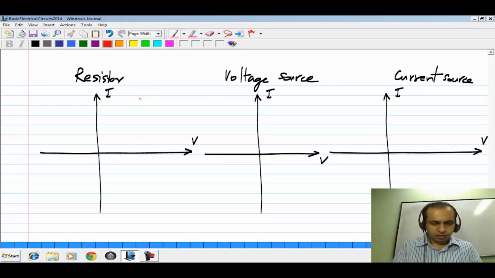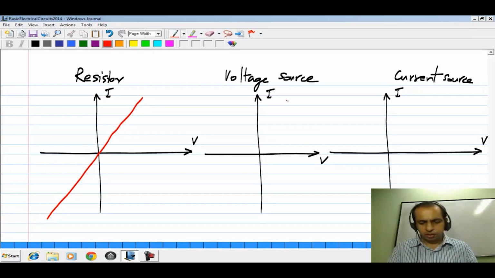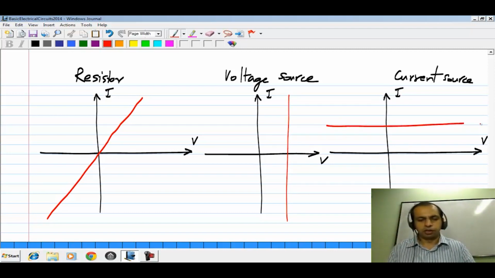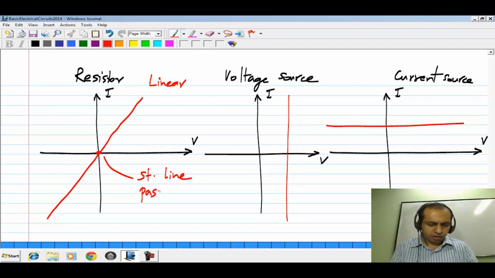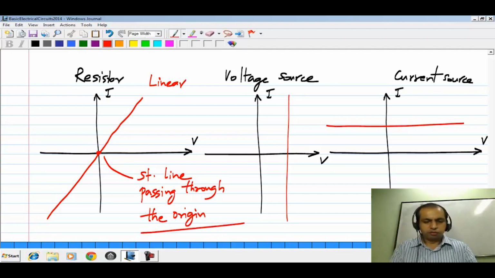A resistor has a characteristic which is like this. A voltage source has this characteristic parallel to the y-axis, and a current source has characteristic parallel to the x-axis. Now all these three are straight lines, but only this one is linear. Okay, that you can guess from the characteristic also. It's not enough for it to be a straight line, but it has to be a straight line passing through the origin. Okay. If it passes through the origin, it's a linear characteristic. If it's not, it's not. It won't obey superposition.